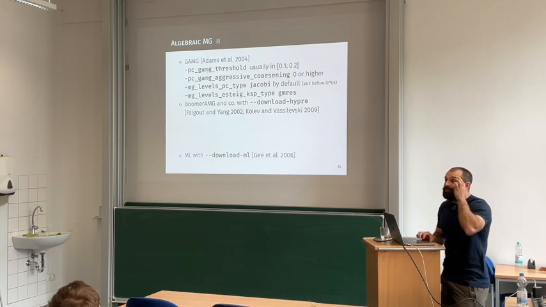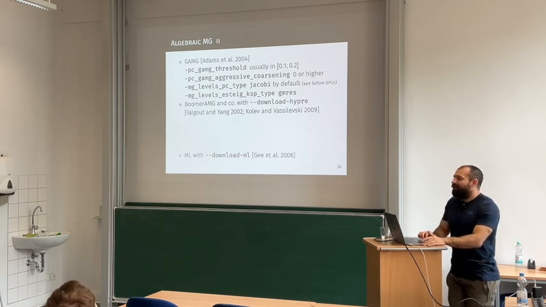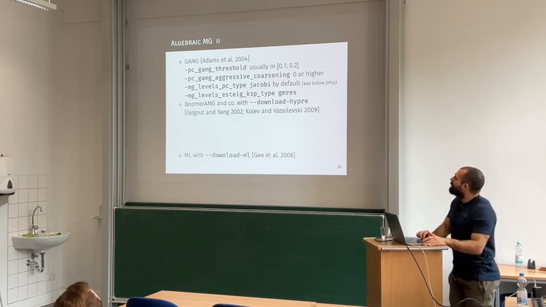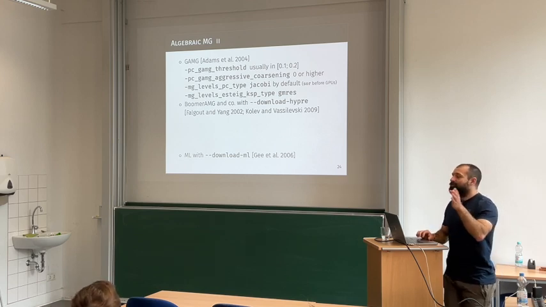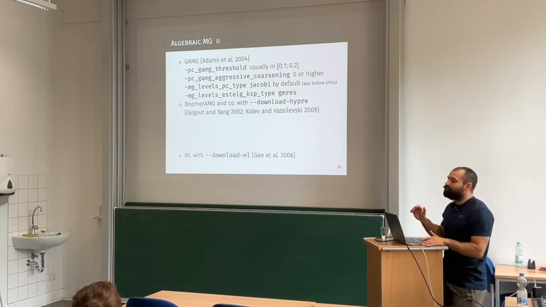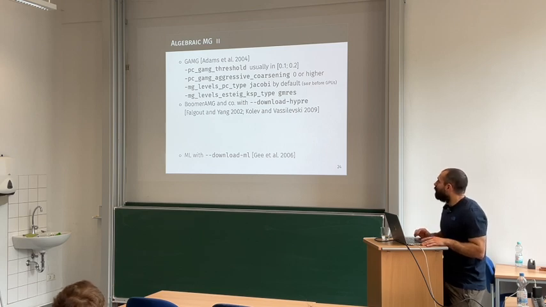The threshold is a little bit like the threshold in block low rank. It's used to tell how you want to build the grid hierarchy depending on the values in the operators. You basically drop the values that are lower than the threshold, and so the lower the threshold, the more information you keep in your operator.